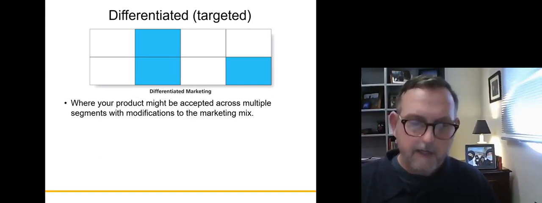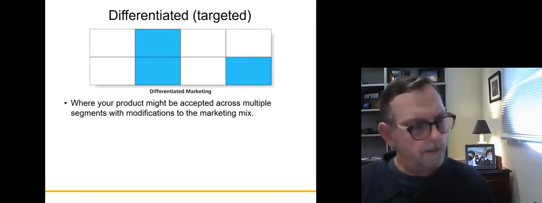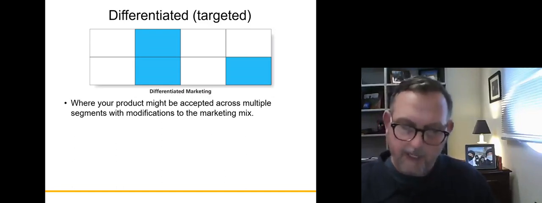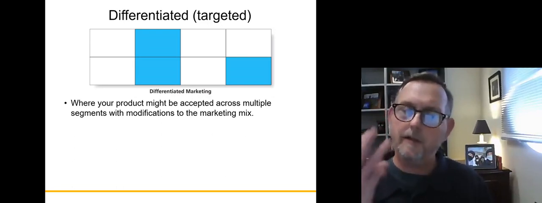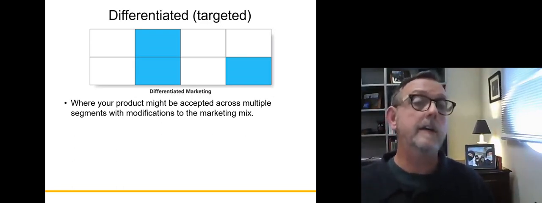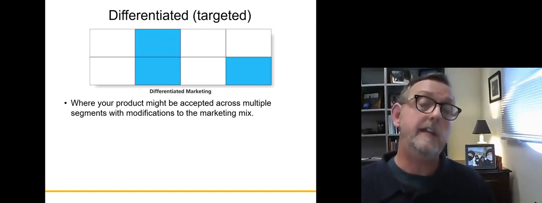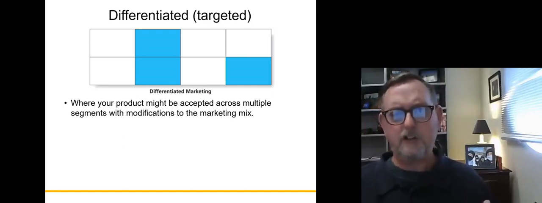A special plan that has a product, how we're going to distribute it, our pricing strategy, our communication strategy. All of those will be unique for each of the 3 spaces or segments that we deal with. So we'll have 3 marketing plans, really, one for each of these 3 unique market segments.